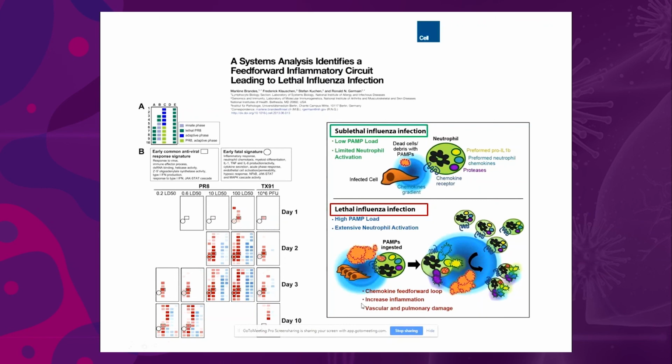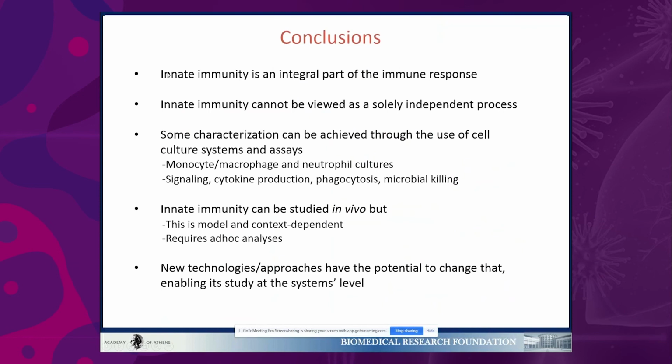So to conclude, I want to start with this: innate immunity is an integral part of the immune response of the immune system, and it cannot really be viewed solely as an independent process. If it is studied, it always has to be in context with the adaptive immune system.